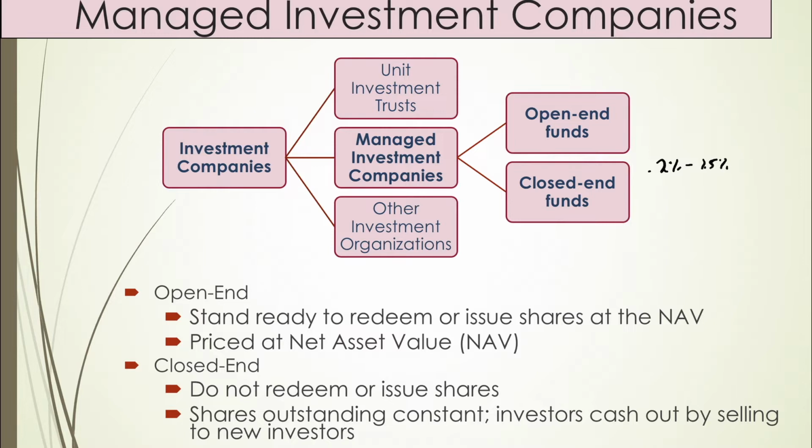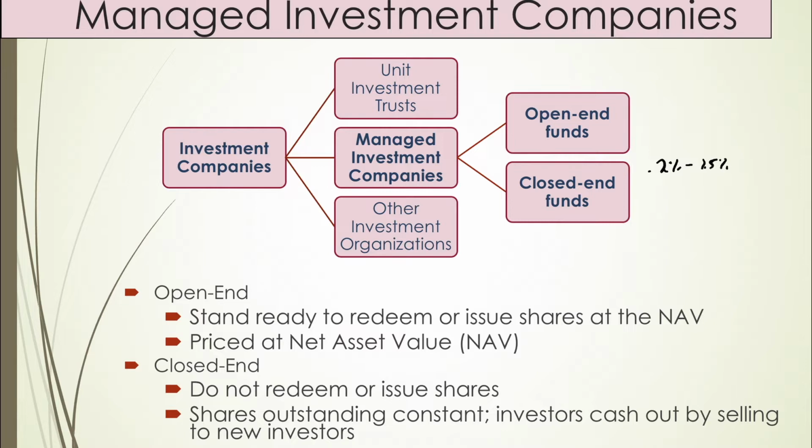You can only buy on a set date, when there is a new issuance of the closed-end fund, and so the shares outstanding is constant. As I mentioned previously, with open-end funds, the shares outstanding fluctuate based on if investors have sold it back to the issuer or purchased from the issuer. Whereas with closed-end funds, the shares outstanding are constant because they are traded on an organized exchange.